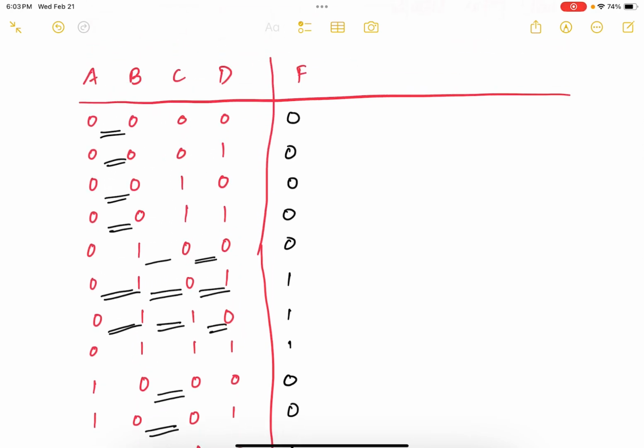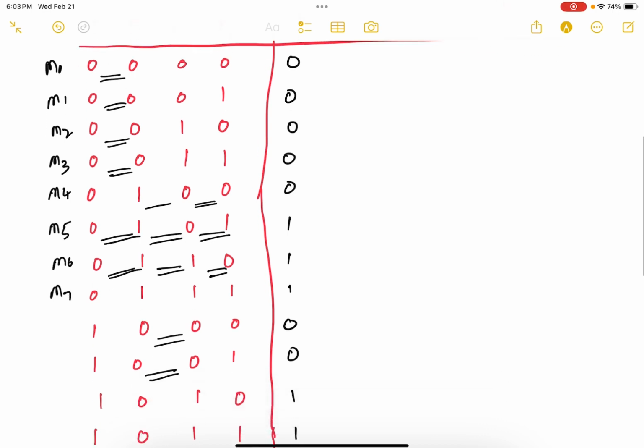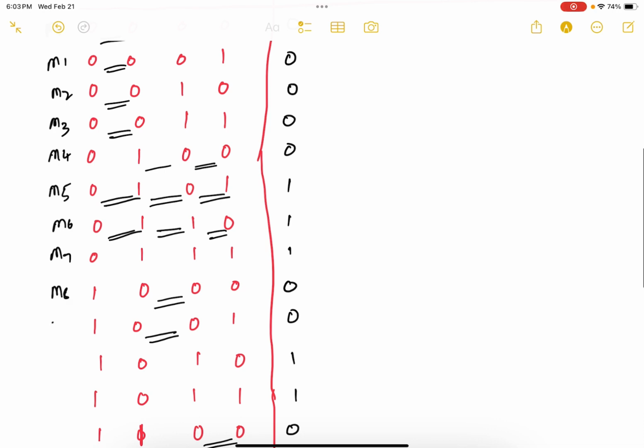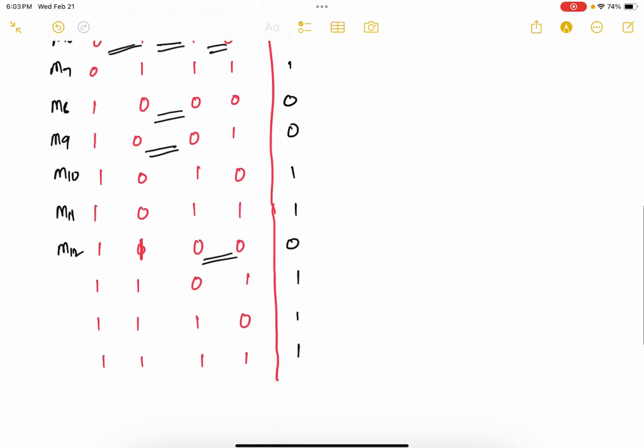So how can you write F in minterms? Now you know that this is minterm 0, minterm 1, minterm 2, 3, 4, 5, 6, 7, 8, 9, 10, 11, 12, 13, 14, and 15.